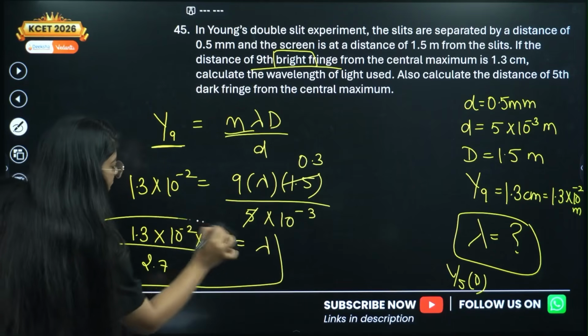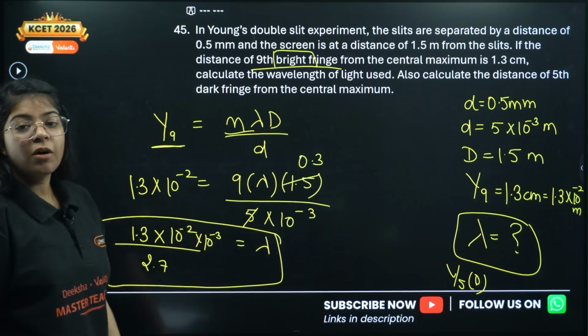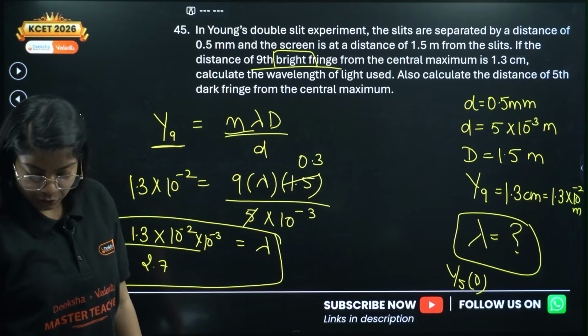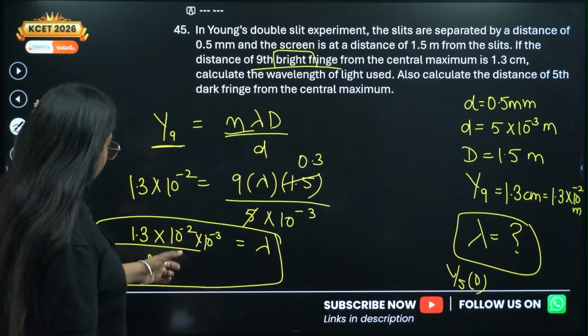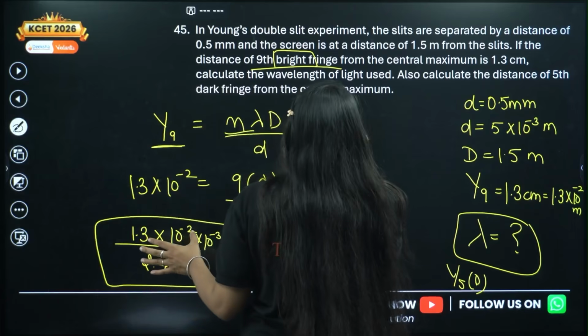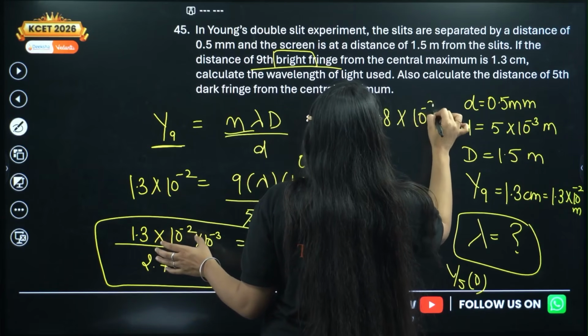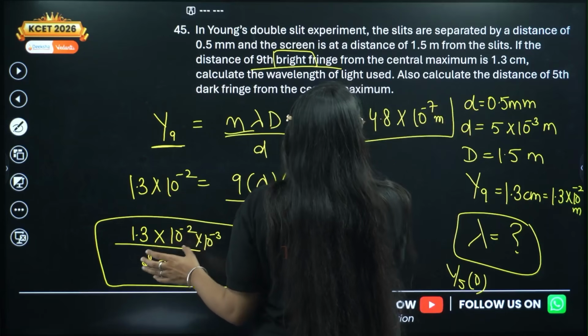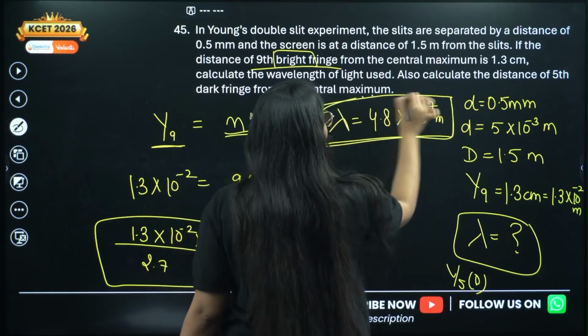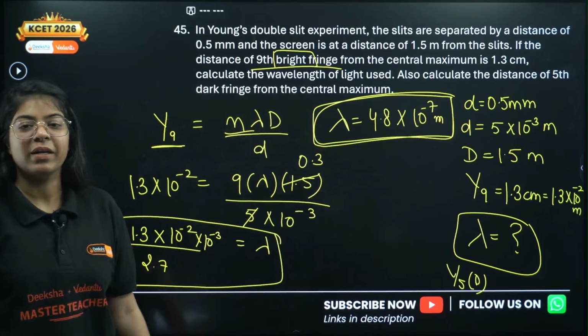So this will give you the value of the wavelength of the light used. Its value will come out to be 4.8. You can definitely use the calculator, right? 4.8 into 10 raised to power minus 7 meters. This is the wavelength of light that is being used.